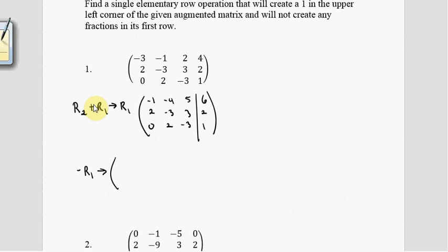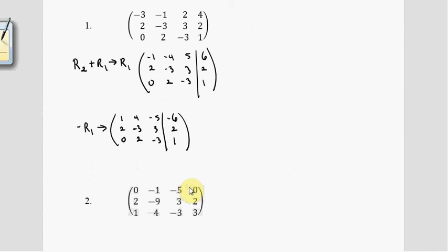So this is 1, 4, -5, -6. Just rewrite the other rows. All right. Now this is number 2.